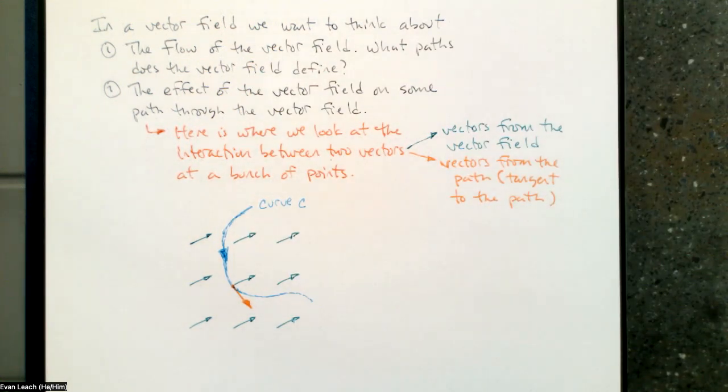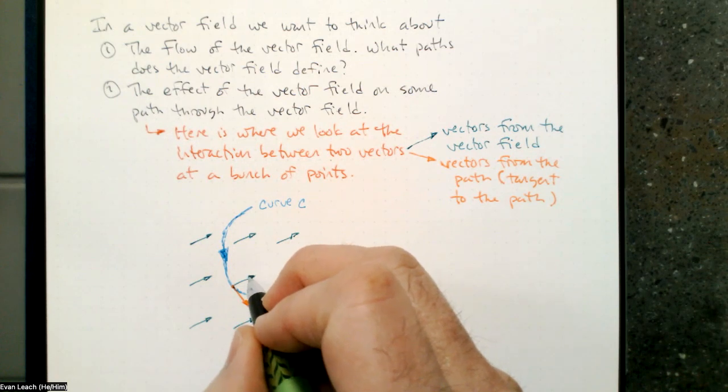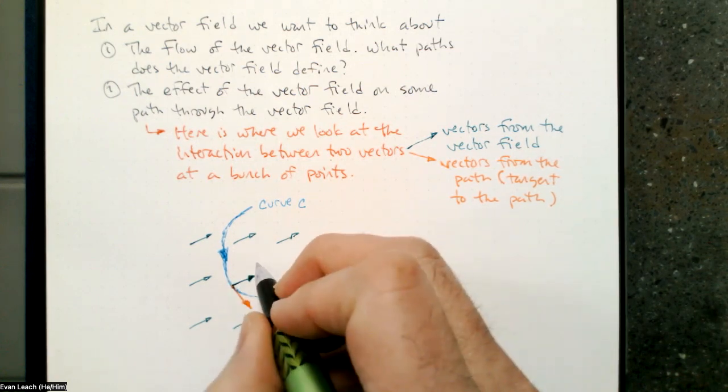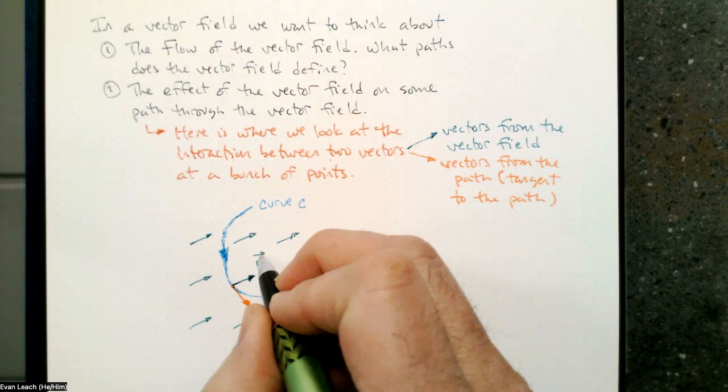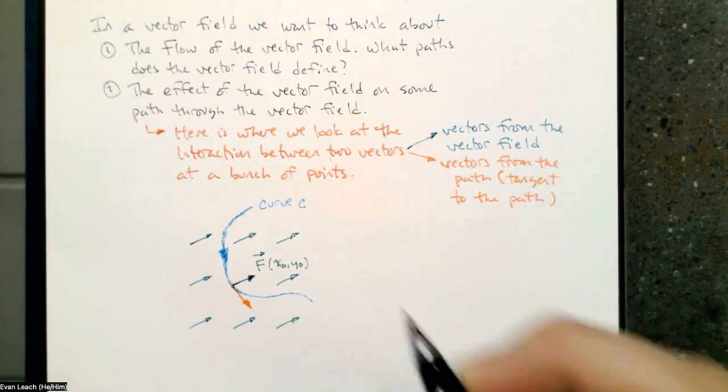So there's the vector field at some point, and there's the direction of the curve, a tangent to the curve at some point. So this green vector here is just the vector field evaluated at some point x naught, y naught.